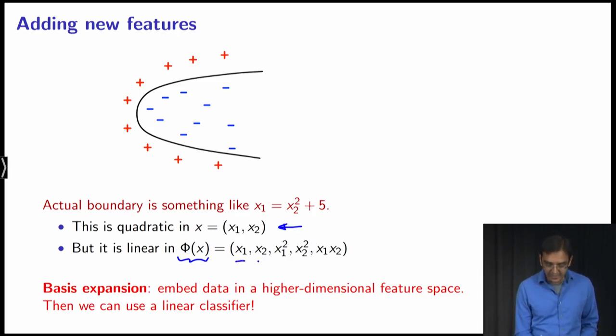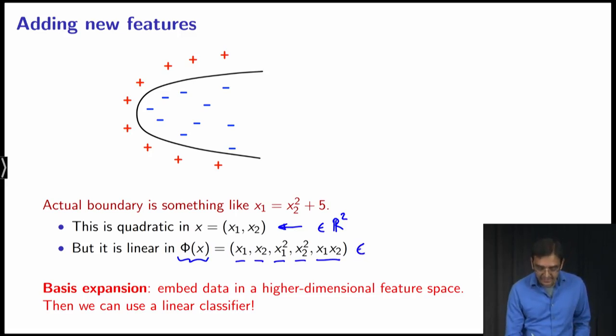In addition to x1 and x2, we also throw in x1 squared, x2 squared, and the cross term x1 x2. So in this case, the original data lay in R2, and we are creating these expanded data vectors that lie in R5.